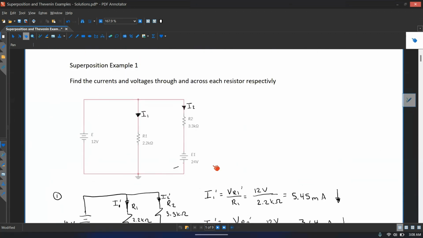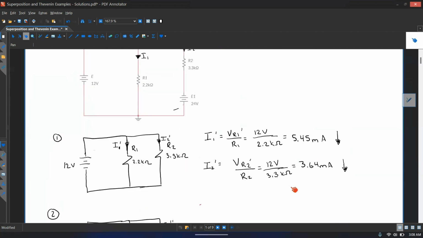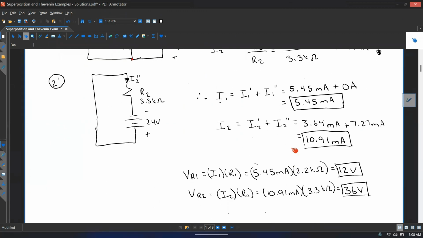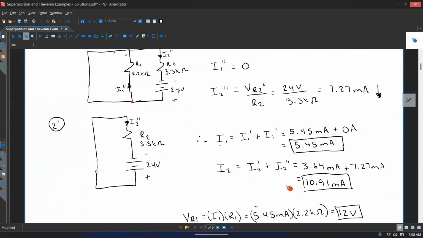We analyzed this circuit with respect to each voltage source. And all we have to do at the very end is add the currents we found from each circuit that we analyzed. So I1 equals I1 prime plus I1 double prime.